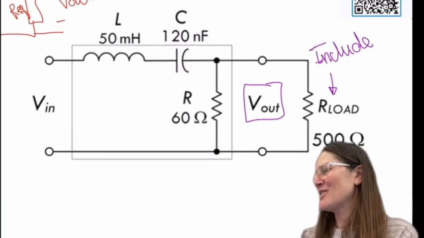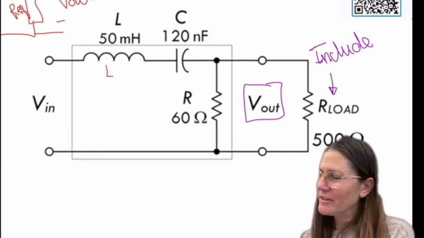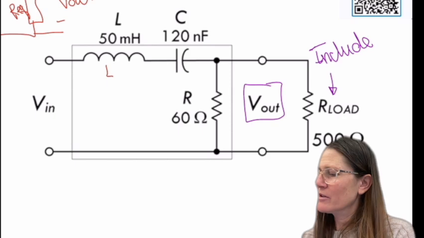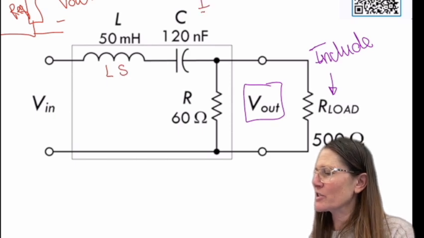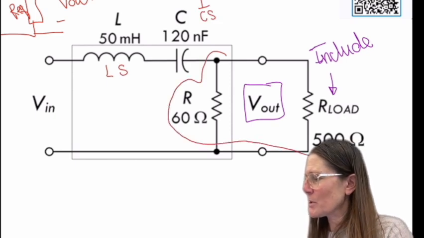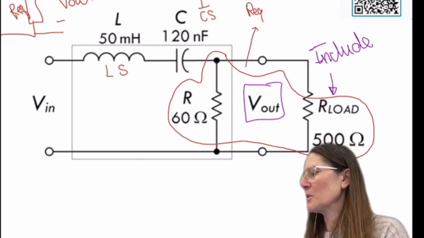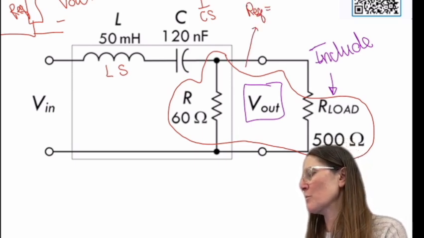Okay, so this will be LS, and this will be 1 over CS. Our equivalent will be these two in parallel. So that one's a little bit easier. Our equivalent is 1 over 60 plus 1 over 500.